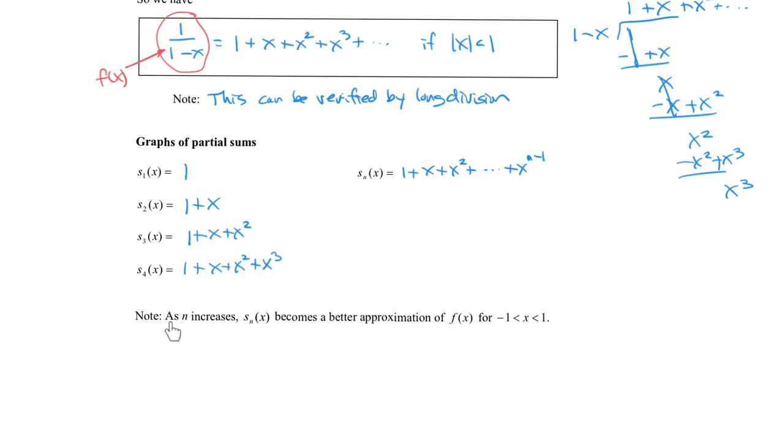And we can see that as n increases, this partial sum would become a better approximation of f of x, which is this function. And it has to be here because if the absolute value of x is less than 1, doesn't that really mean then negative 1 is less than x, which is less than 1? So this is the interval of convergence here. So as long as we're in this interval, we should be able to make this partial sum be as close to this as we want just by adding more and more terms.